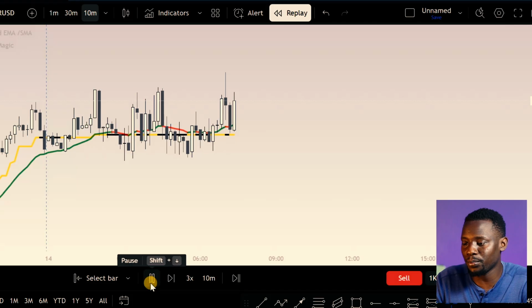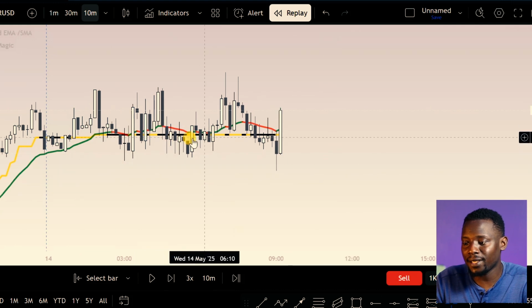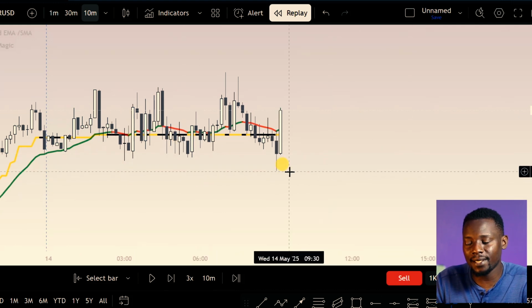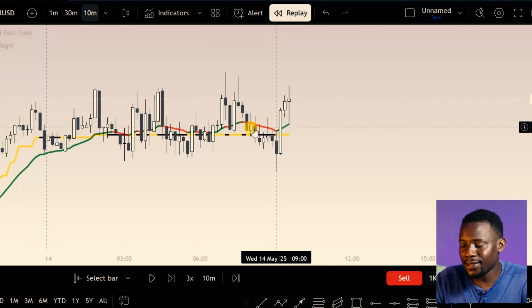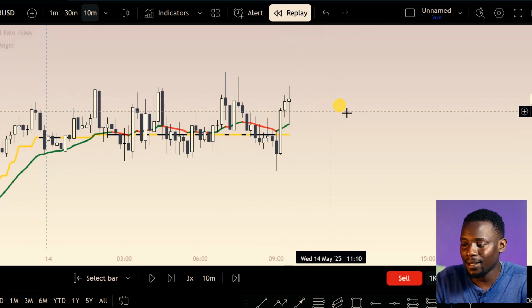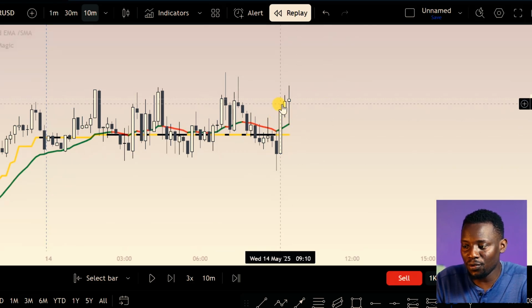So let's try and play price and see. Since we're in an uptrend, I only want to take longs in this case. So we can clearly see that price has crossed, moving to the upside, which is the trend that we are in.